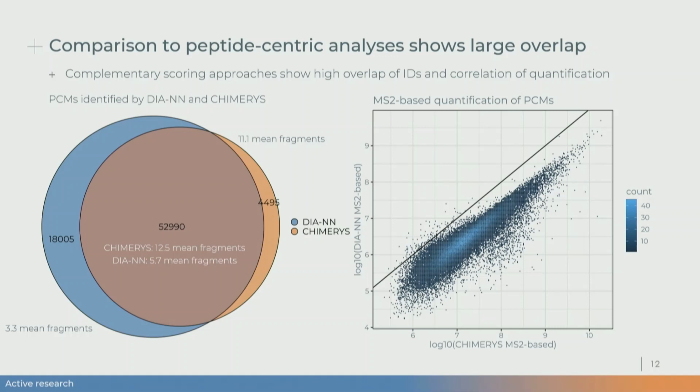And in the intersection, that's half as many as Chimeras, so 6. And in the outer sect, that's on average 3 fragments, so a quarter as many as Chimeras uses in the intersect. Whereas in the outer sect for Chimeras, we actually use 11 fragments on average.